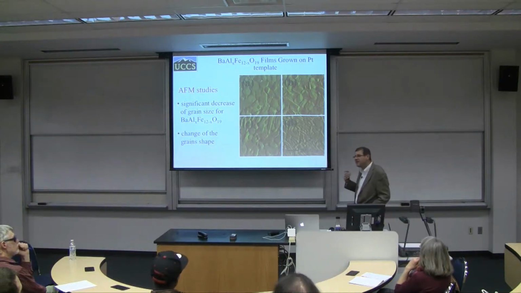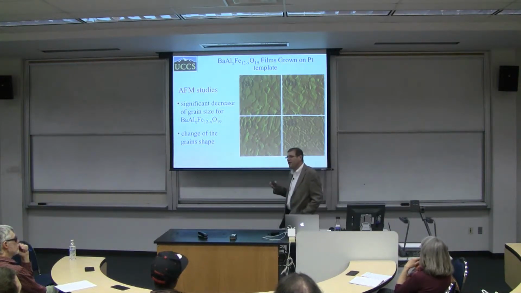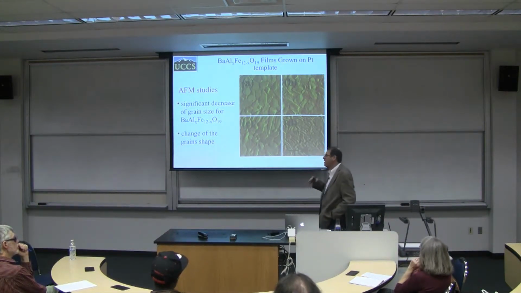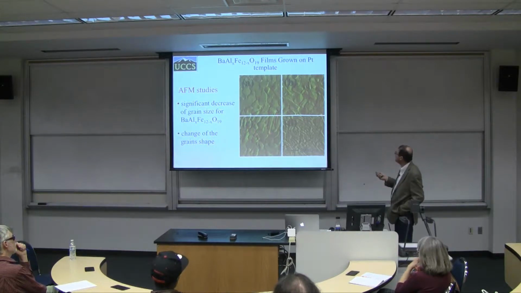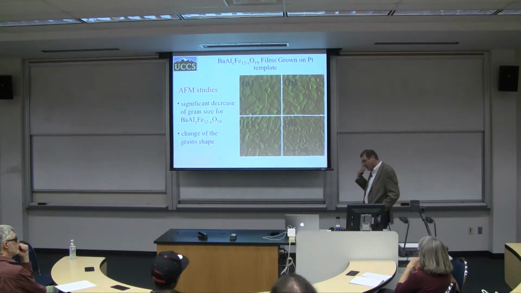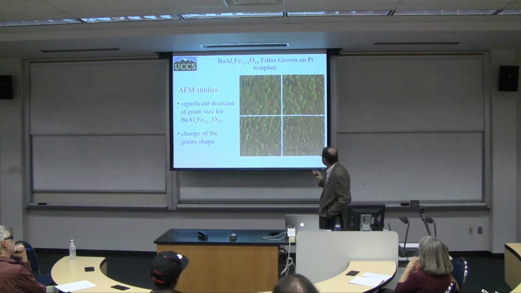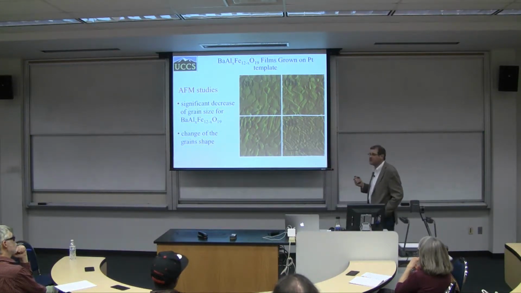Basically what I'm saying is that when this sample grows, it grows in such a way that the C-axis of the hexagonals is perpendicular to the substrate. I have a polycrystalline sample, but the orientation of all the C-axes is normal to the substrate.